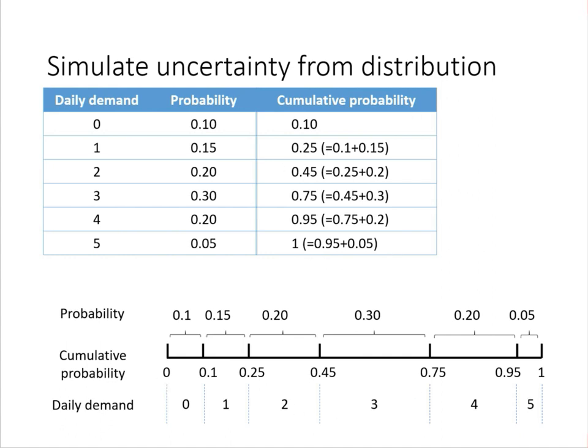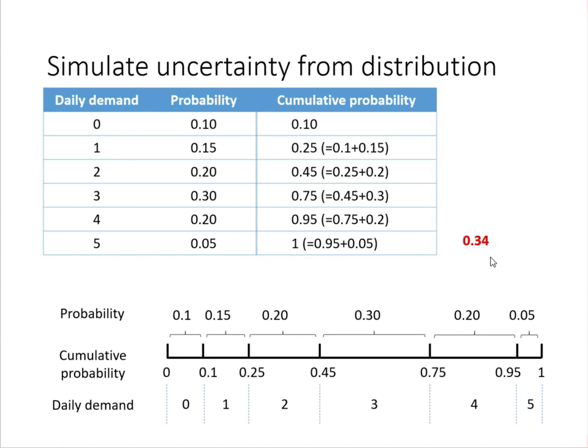So how do I simulate the daily demand from here? Let's pretend that I have a magical device that will give me a number between 0 and 1 with equal probability. In other words, any number between 0 and 1 is equally likely to be generated by this device. Let's suppose this magical device gives me a number, and let's say that number is 0.34.